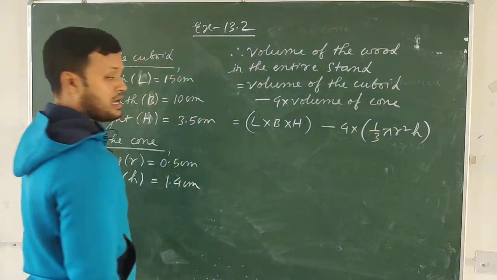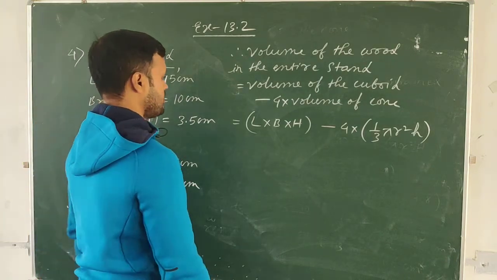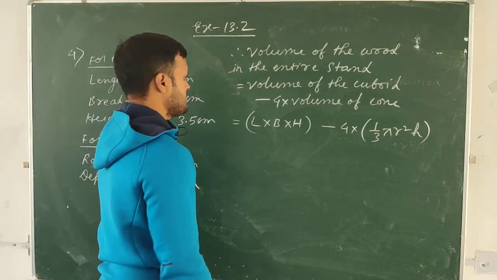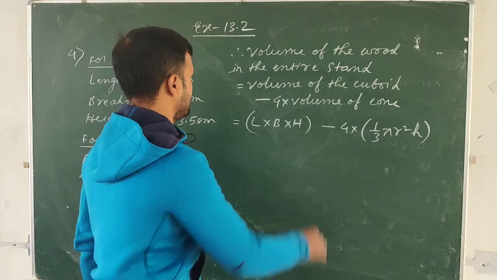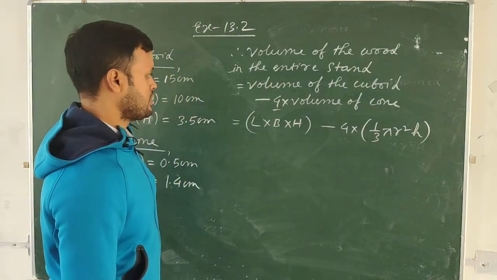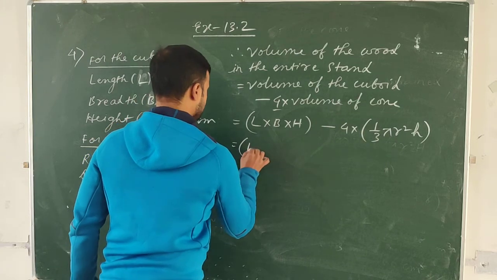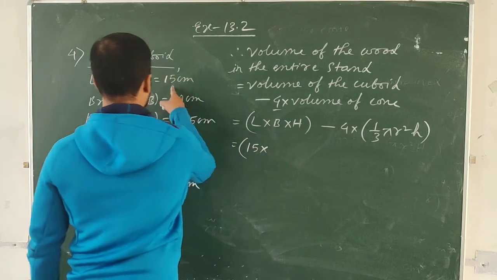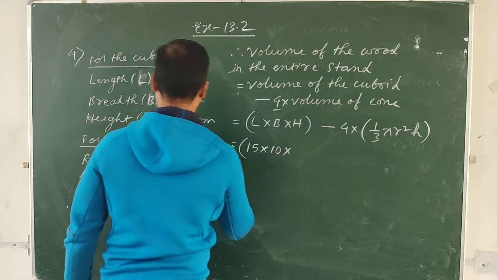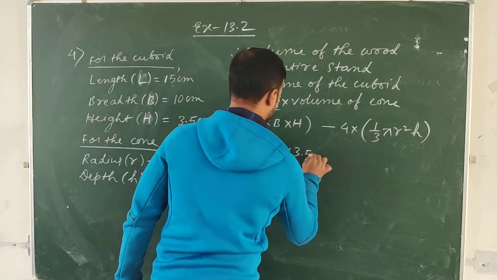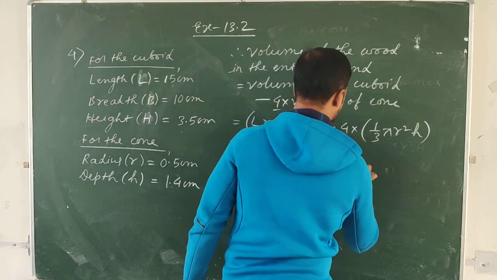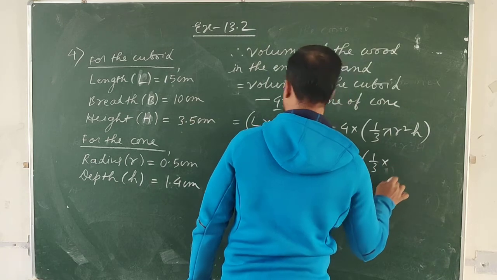So the volume of the cuboid, as you know, is L into B into H, and the volume of the cone: 4 cones are there, so I have multiplied by 4. So 4 into 1 by 3 pi r square h. L is 15, B is 10, height is 3.5 minus 4 into 1 by 3 into pi.